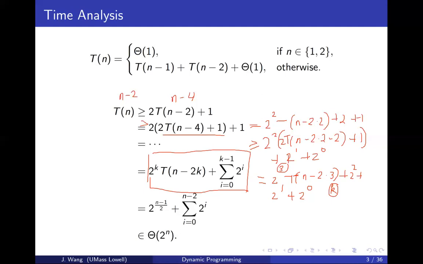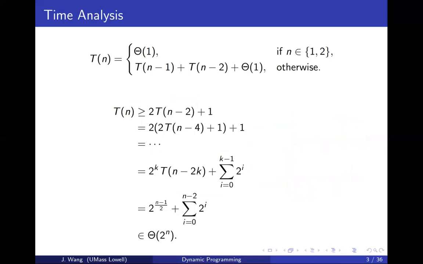So now let's clear up all of these. So from here, I want to know when it is equal to 1. So when n is equal to 1 or 2, then it is equal to 1, okay, or a constant.